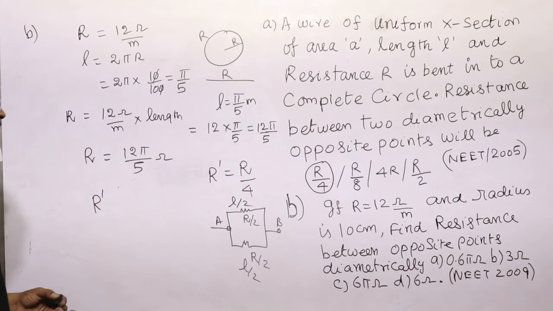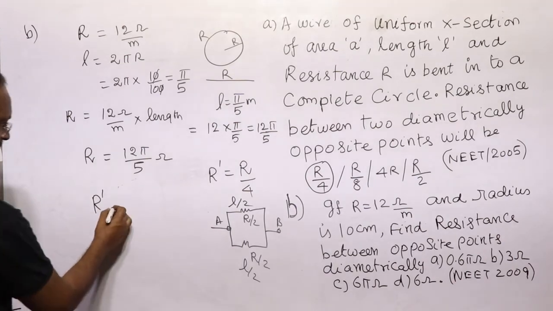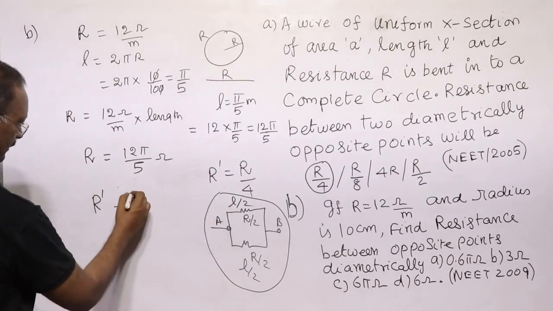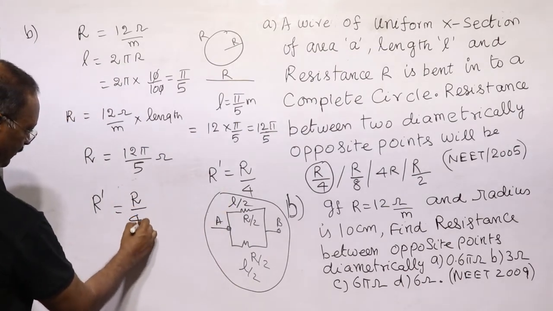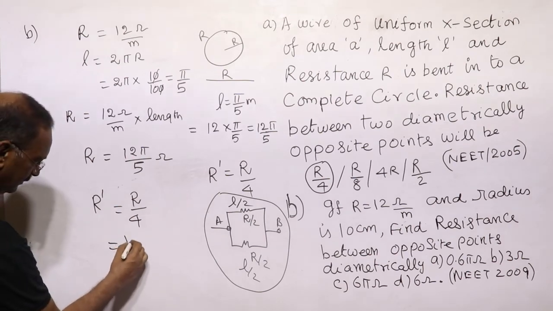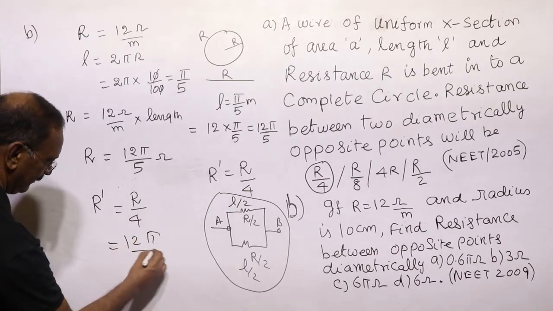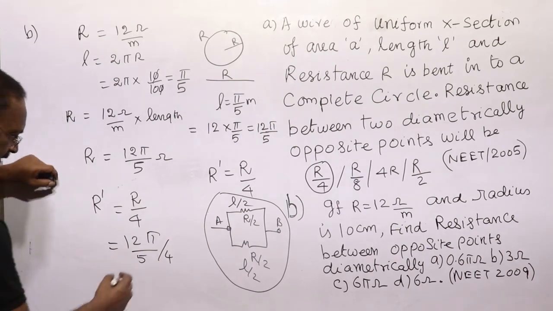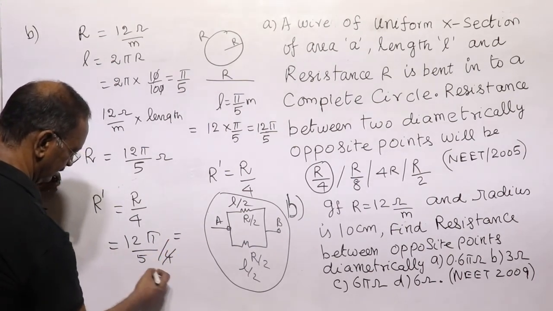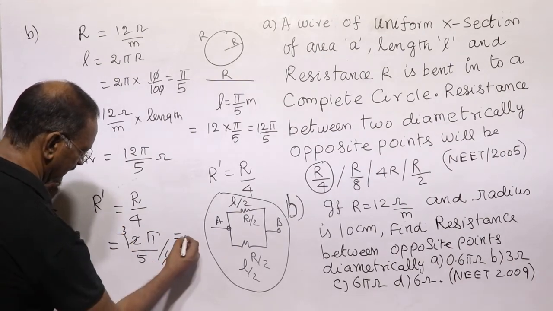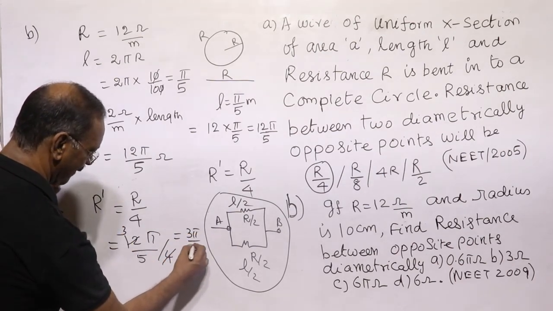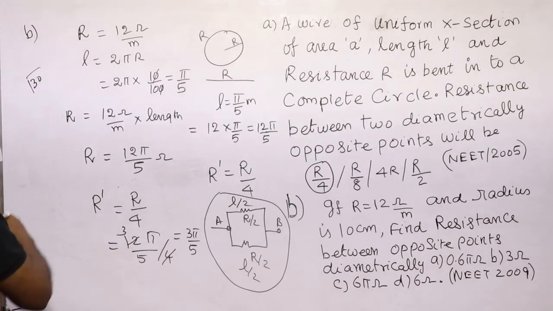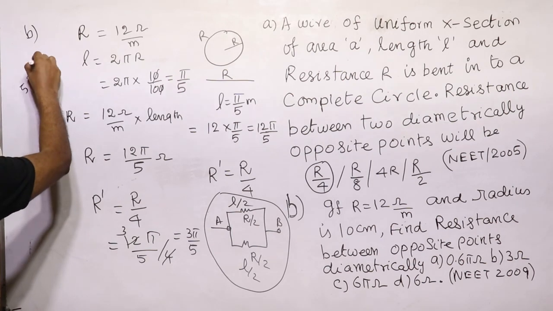So R equivalent of the parallel circuit is the original resistance by 4, which is 12 pi divided by 5 divided by 4, that is 3 pi by 5.